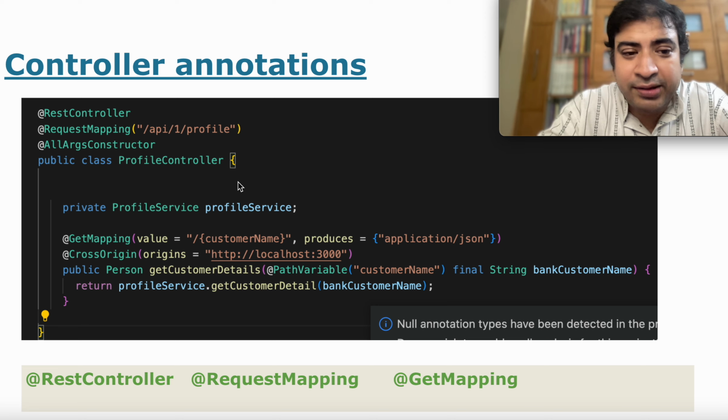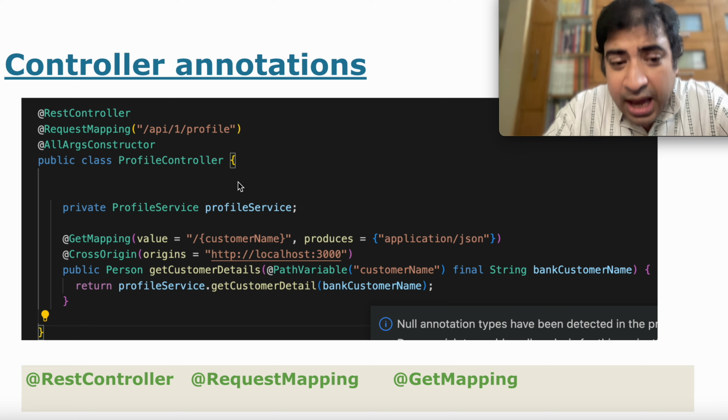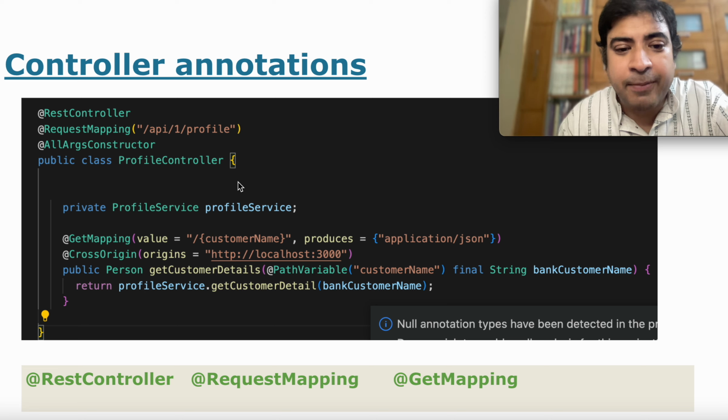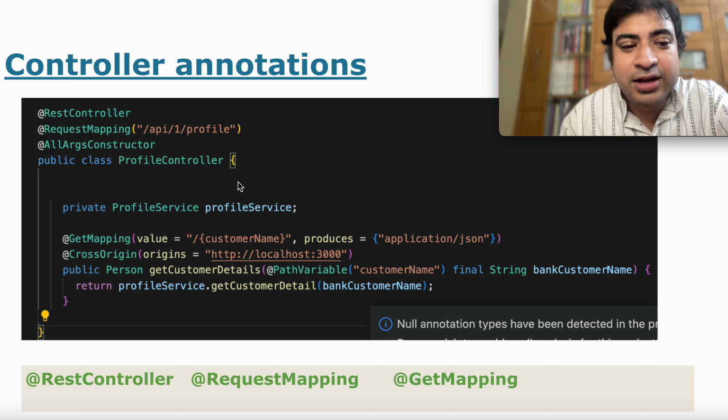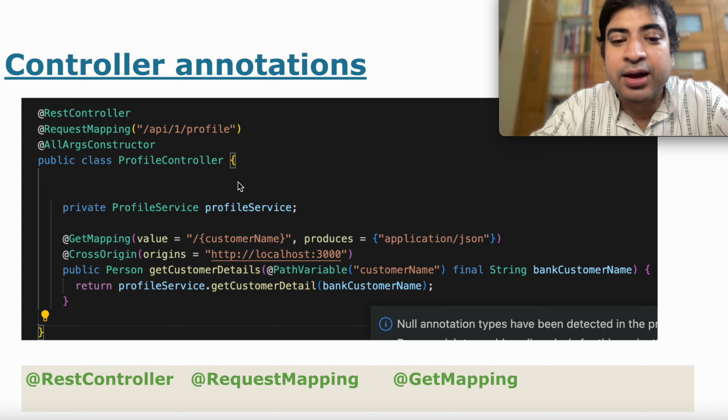Like here you can see that with @GetMapping, we have mapped another URL, which has a dynamic customer name that will come. So the entire URL will look like API/1/profile, then some dynamic string which would be the customer name.